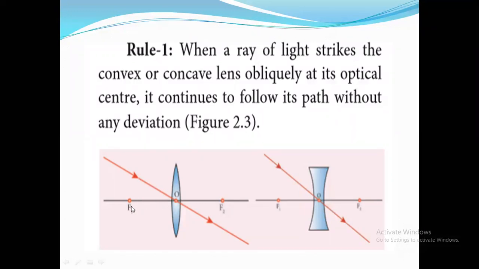Next, here is F1 on this side, because two spherical, refracting surfaces are present in the convex lens. So F1 and F2 are the principal focus.